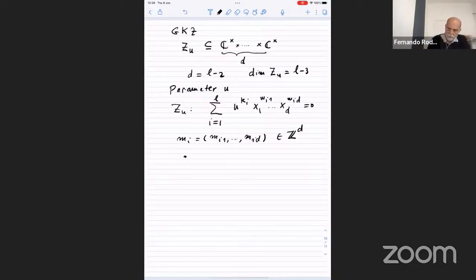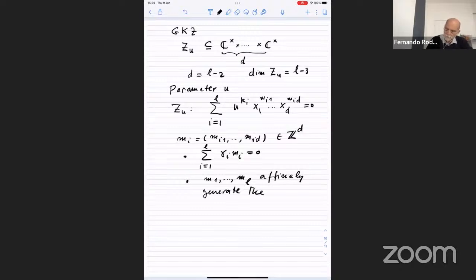And the key thing here is that they are orthogonal to gamma. There's certainly a choice, but we want to pick them in the most economical way. For that, we can state it as saying that these monomials affinely generate the lattice Z to the D. And then there are these kappas, these Ks.